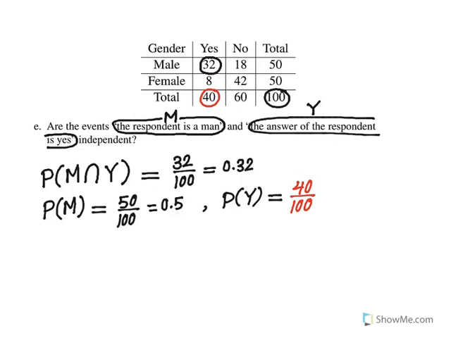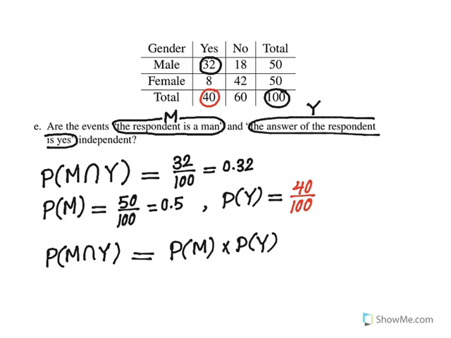Now, if the events are independent, then the probability of M and Y will be equal to the probability of M times the probability of Y. So we're asking the question, are they the same? If they are the same, then they are independent. But we can see that the first one is 0.32. We computed it.